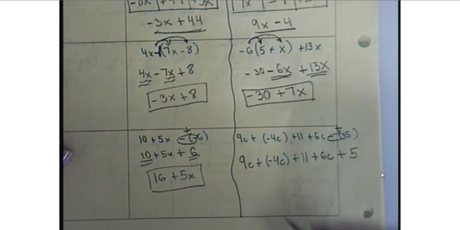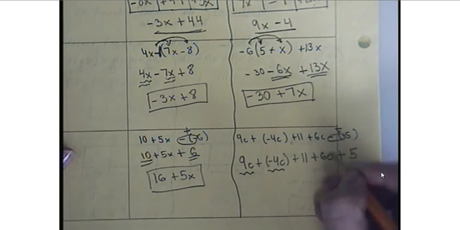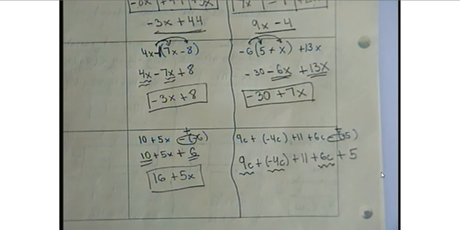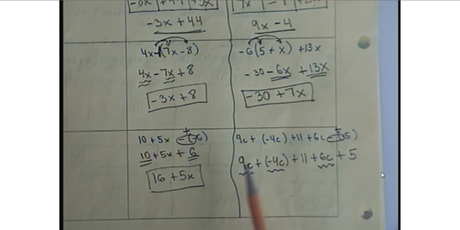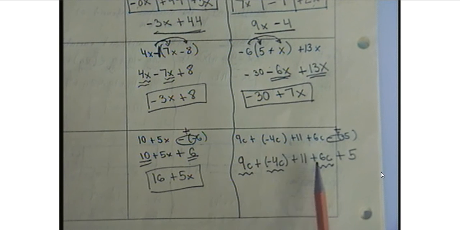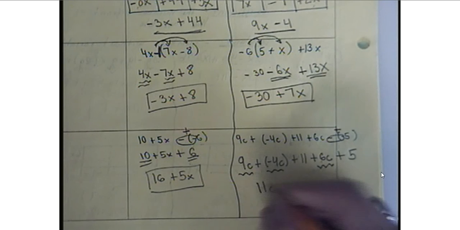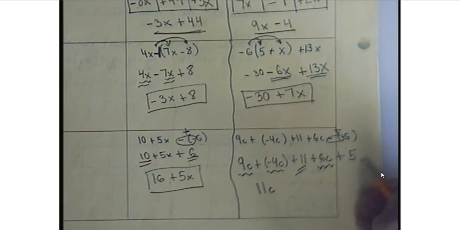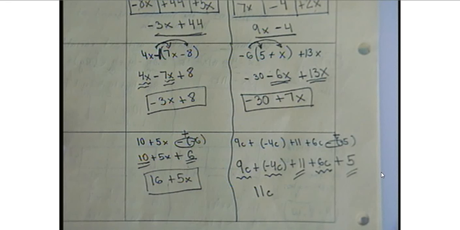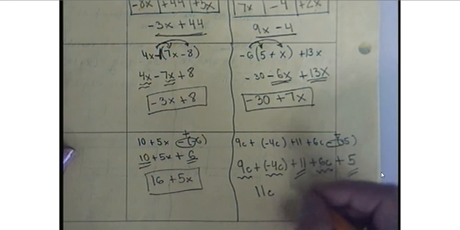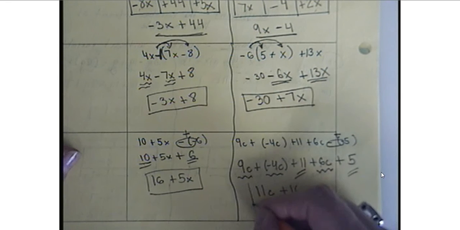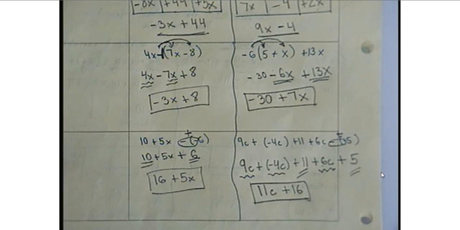Now 9c minus 4c plus 6c are the three like terms. Let's calculate those. 9 minus 4 is 5, plus 6 will give us 11c. Then we have 11 plus 5, another combination of like terms. 11 plus 5 will be plus 16. And we got the final answer.